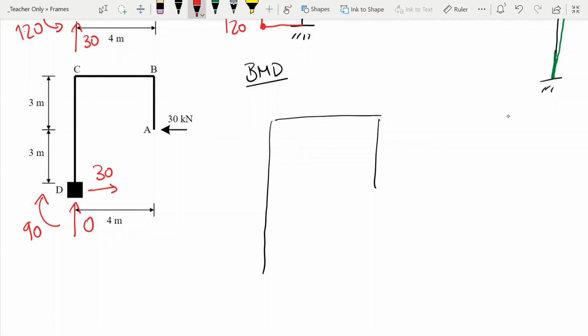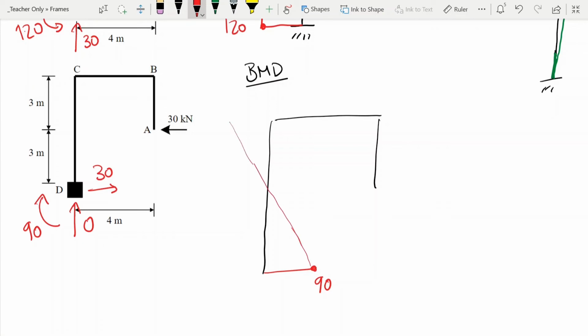So straight away we can see that this will cause tension on the right side, the moment of 90. So I'm going to draw it here. But now the load of 30 is a shear force, right? So we have a shear force of 30 in this bar. Okay, so with this information, I would say we can start understanding that the moment will go in this direction.